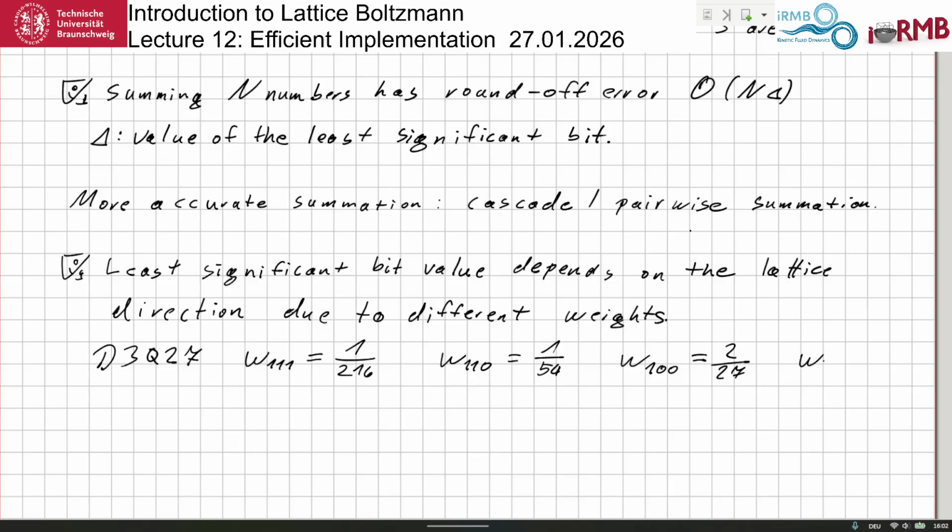And then again, we have a factor 4, 8/27 for the weight of the resting population. So you see, the most significant bit of the resting population is larger than for the one in the cardinal direction, which is larger than the one in the diagonal direction in the plane, which is larger than the one in the fully diagonal, yeah?